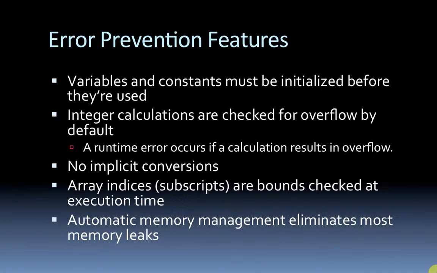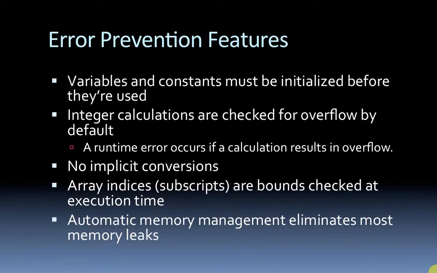Also, array indices, or subscripts if you will, are bounds checked at execution time. So anytime you access an element of an array, it's going to make sure that the index number is within the bounds of the array, starting with an index of 0 up to one less than the actual length of the array. And also, Swift uses automatic memory management.